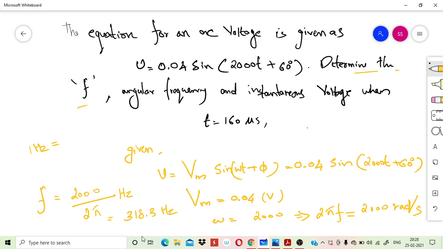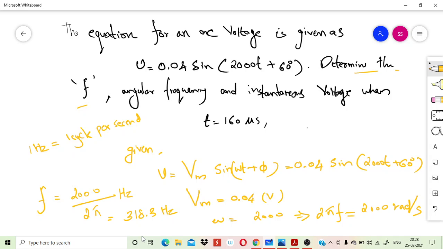That means 1 hertz means 1 cycle per second. If you consider 1 second, you will get 1 cycle. That is what 1 hertz means. So 318.3 hertz means 318.3 cycles per second.